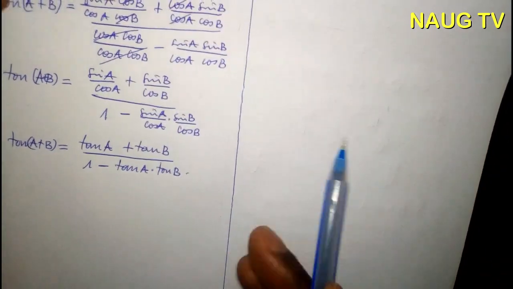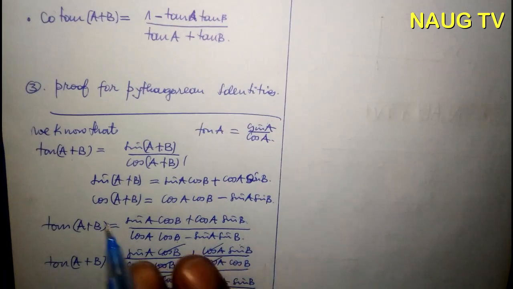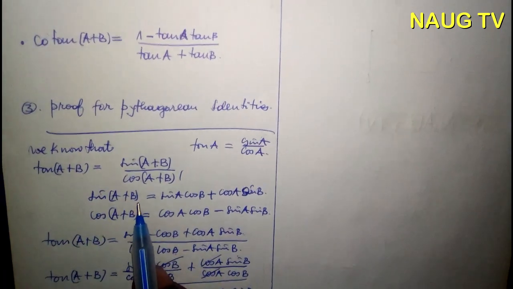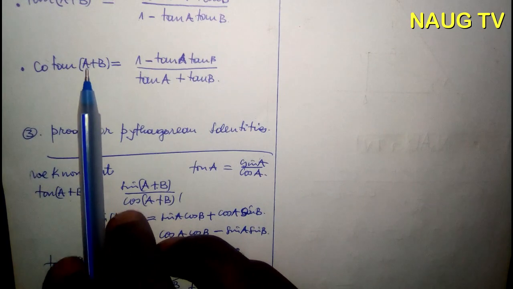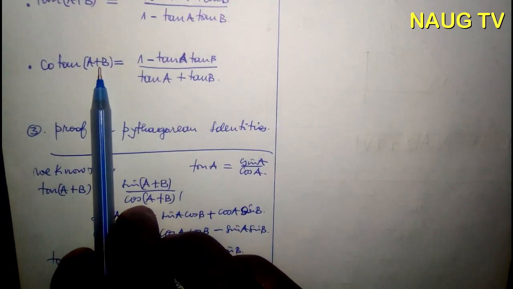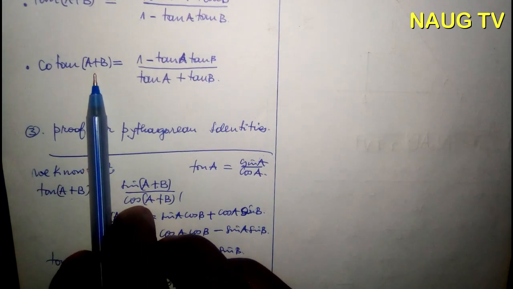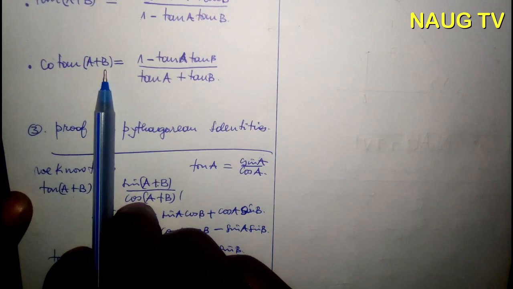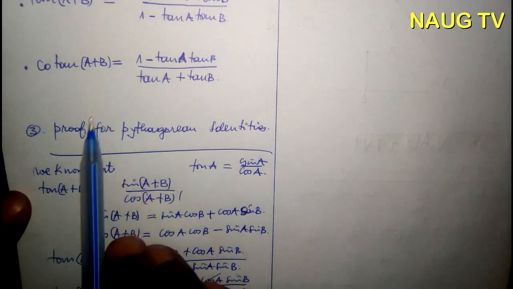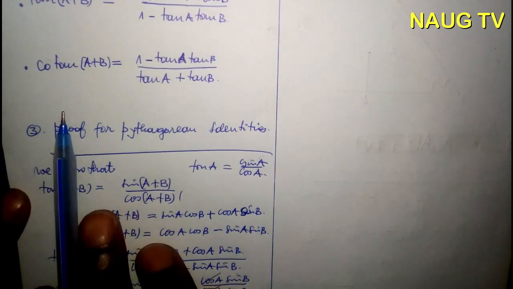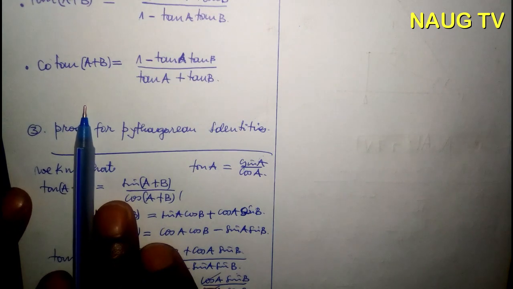So now let's also see about cotan(A+B). As we know, cotangent is the inverse of tangent.